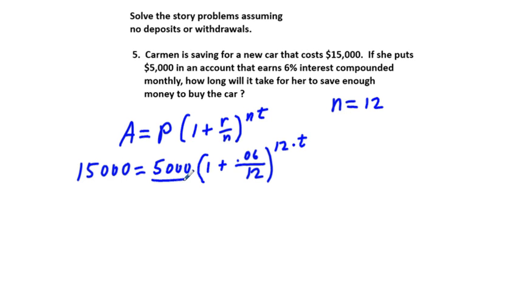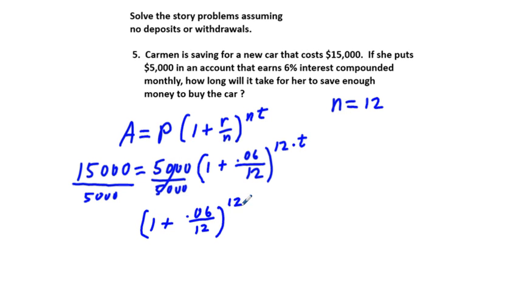So if we do that, I'm just going to set this up. And we get 15,000 divided by 5,000, so we get 1 plus 0.06 over 12 to the power of 12t is equal to 3.